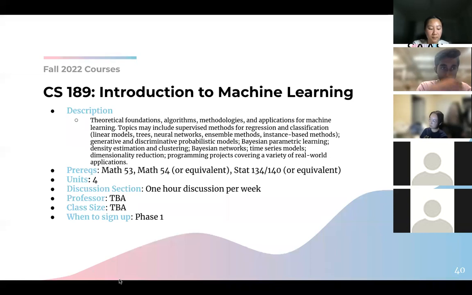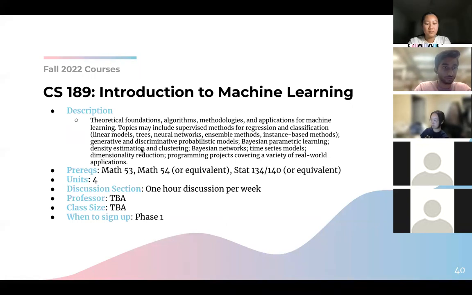So here are some of the things I want to talk about: theoretical foundations of machine learning, algorithms, and method applications. In the beginning, you do a lot of regression and classification, with linear models, trees, neural networks, ensemble methods, instance-based methods.